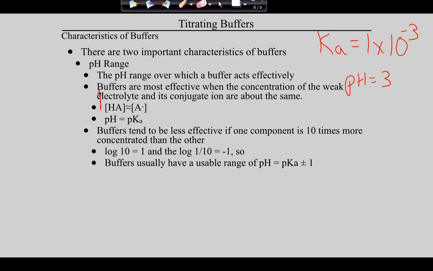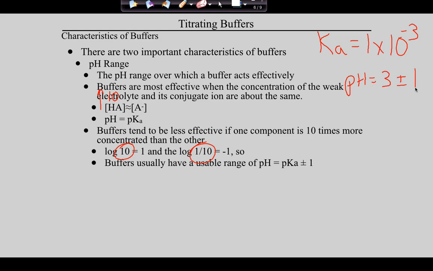If this becomes 10 times more concentrated than this, or if this becomes 10 times more concentrated than that, at that point, the equilibrium gets so out of whack that it doesn't function well as a buffer anymore. So we know that these concentrations have to be within a decimal place of each other. But guys, the log of 10 is 1 and the log of 0.1 is negative 1. And so consequently, that means that this pH can range from 2 to 4.